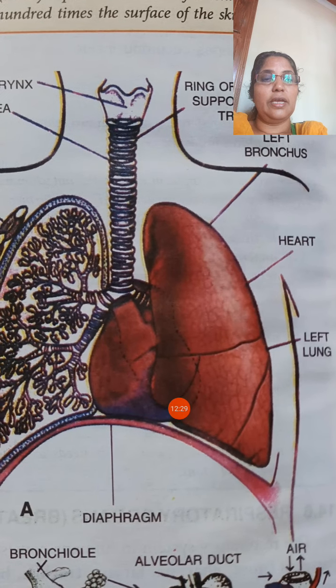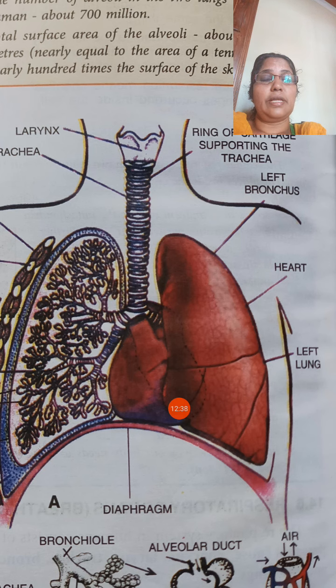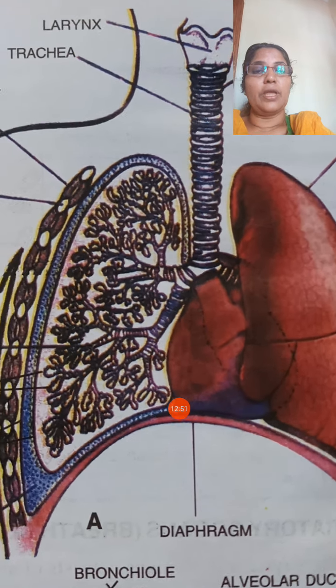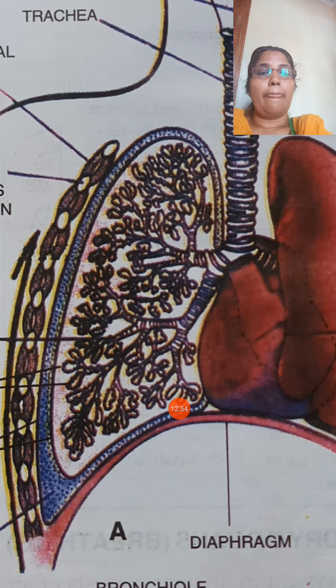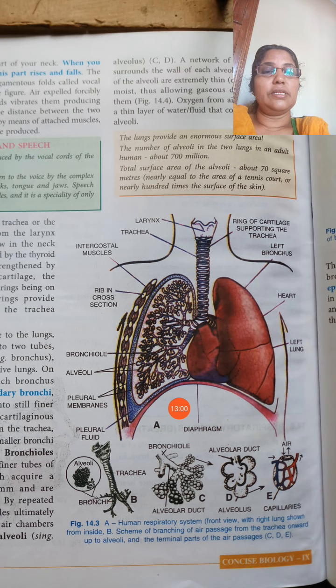Then again the left lung has only 2 lobes, but the right lung is a little larger than the left lung because the left lung needs to accommodate the heart in between. The left lung has only 2 lobes. At the same time, the right lung has 3 lobes.